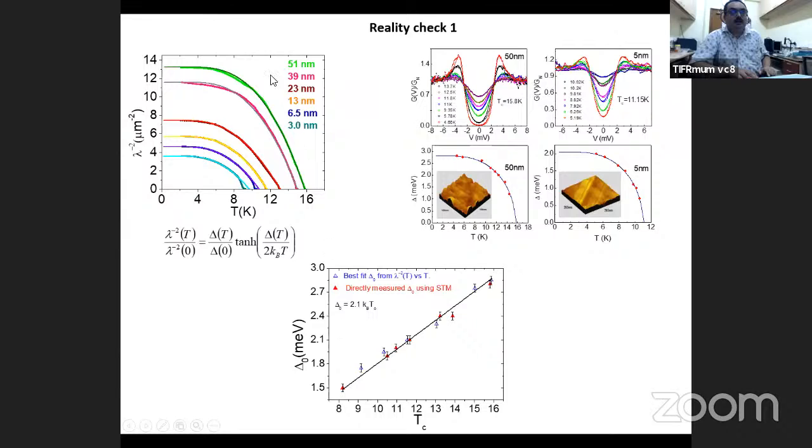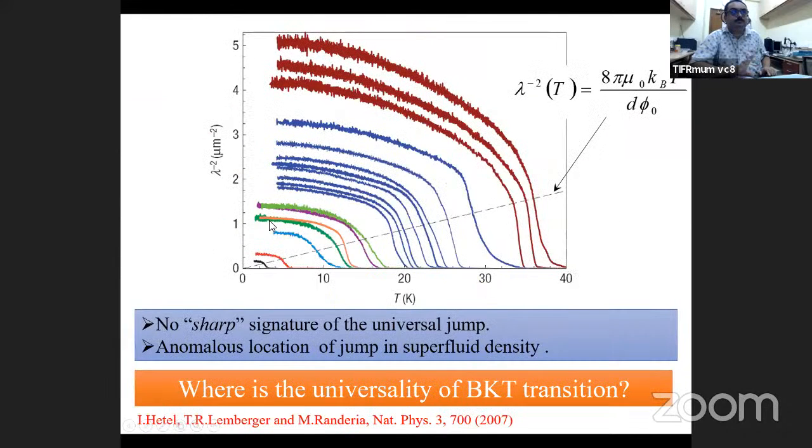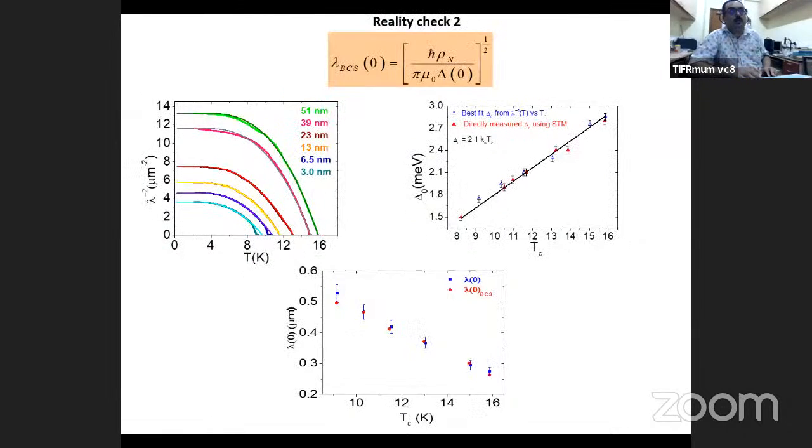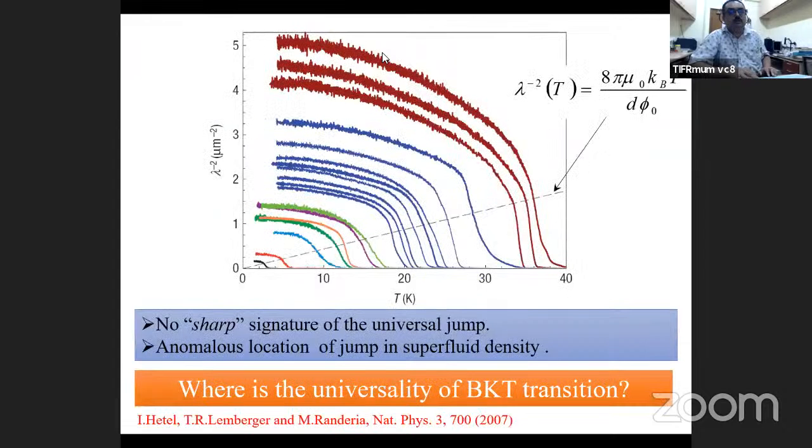So this kind of transition, as I told you, here this is for niobium nitride, but you don't need to necessarily look only at niobium nitride. You can also look at, for example, this is a high temperature superconductor, yttrium barium copper oxide.